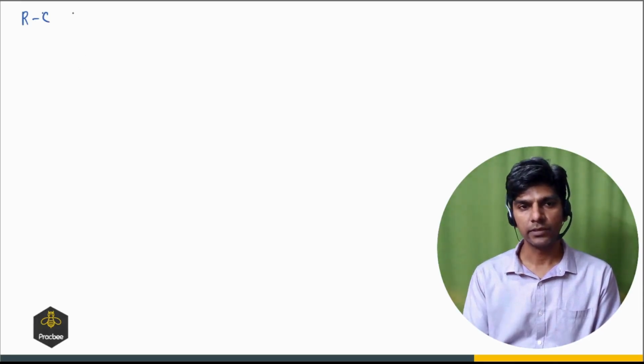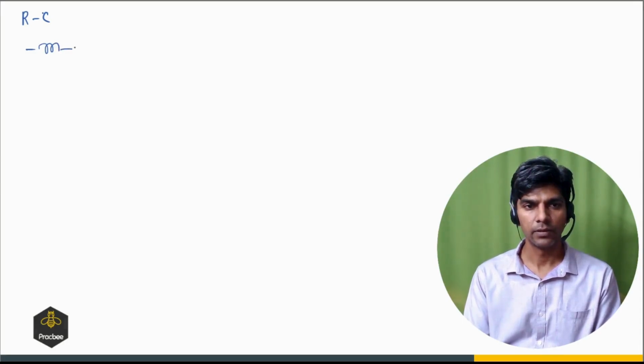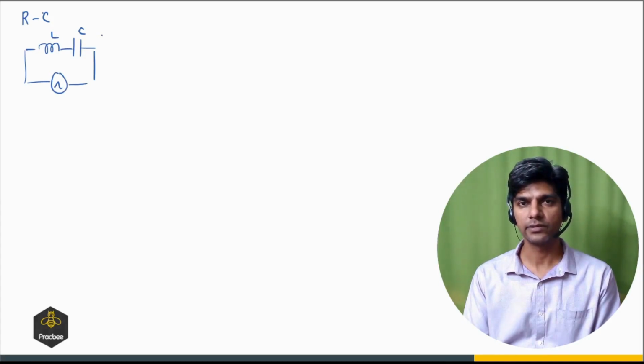Now let us see the RC AC circuit. So here we have a resistor and a capacitor, and this is the AC source, and this will be C. Similarly, the capacitive reactance will be XC and inductive reactance will be XL.